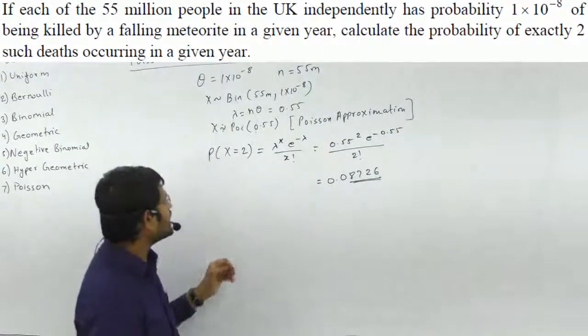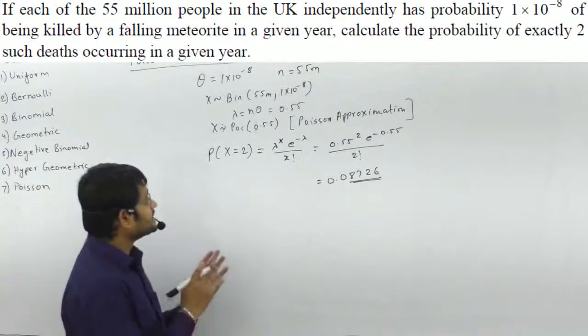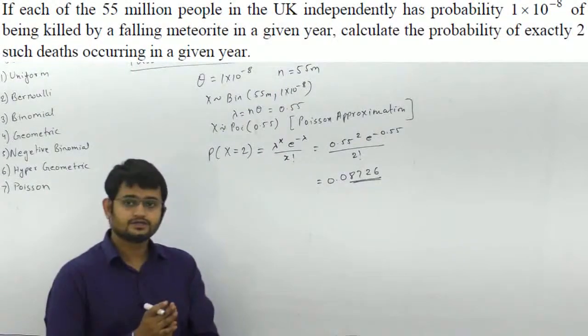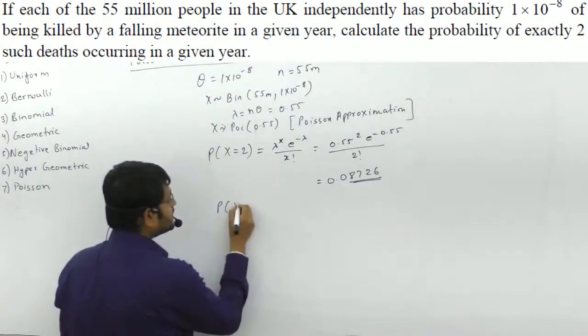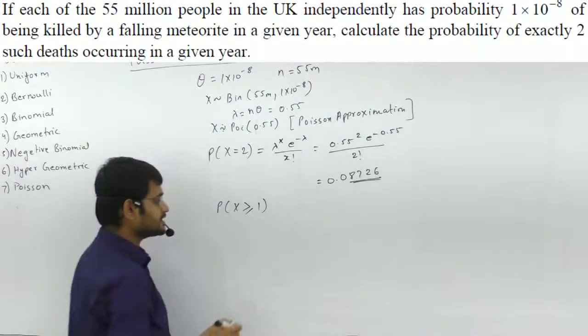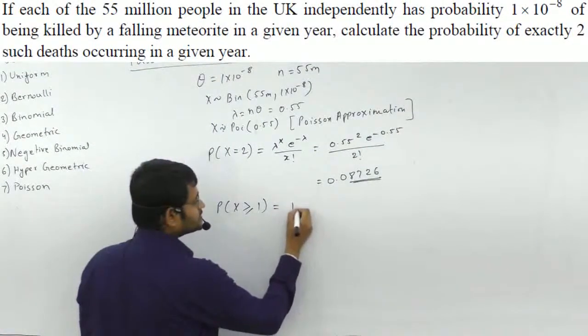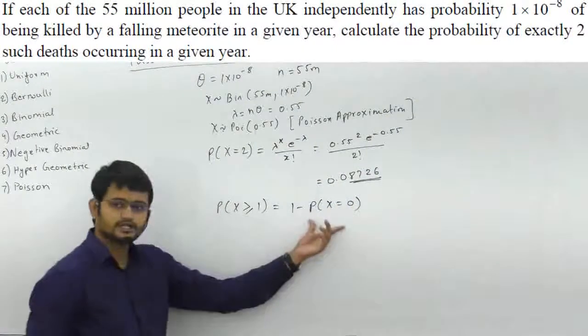And if you want to find that, let's say at least 1 person dies due to the meteorite falling, it will be probability x greater than or equal to 1. Probability x greater than or equal to 1 can be written as 1 minus probability x equals 0. Only 0 is left out.